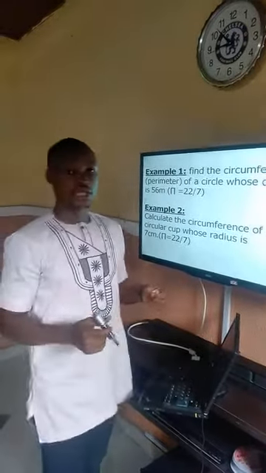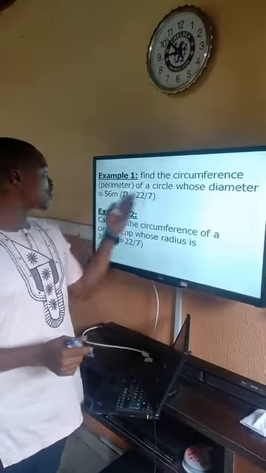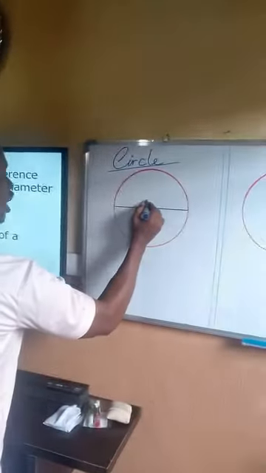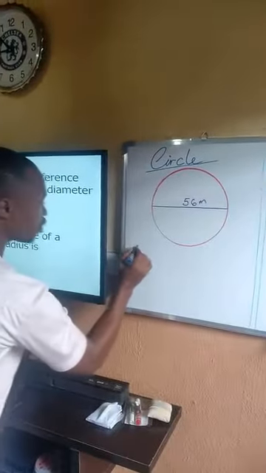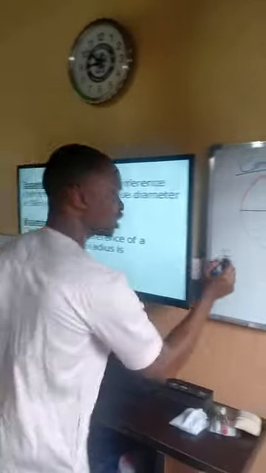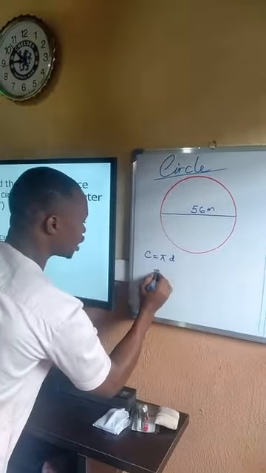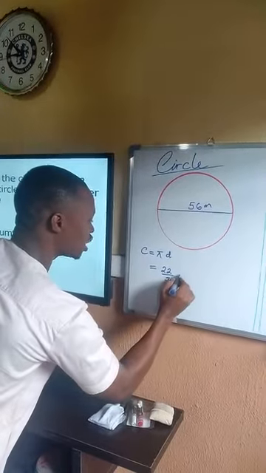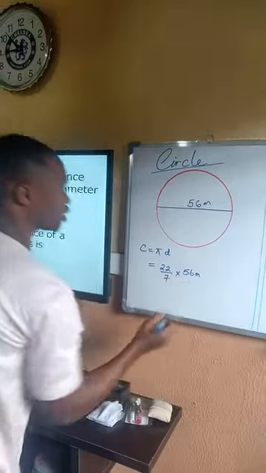So example 1 says, find the circumference or perimeter of a circle whose diameter is 56 meters. So in this case, we are given the diameter to be 56 meters. Our formula to find the circumference of a circle when the diameter is given is pi d, and this will be equal to pi, which is 22/7, times the diameter, which is 56 meters.